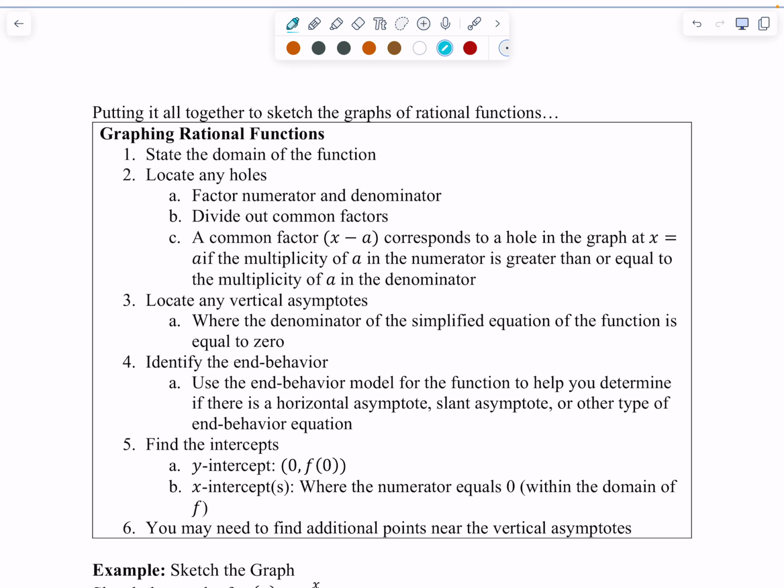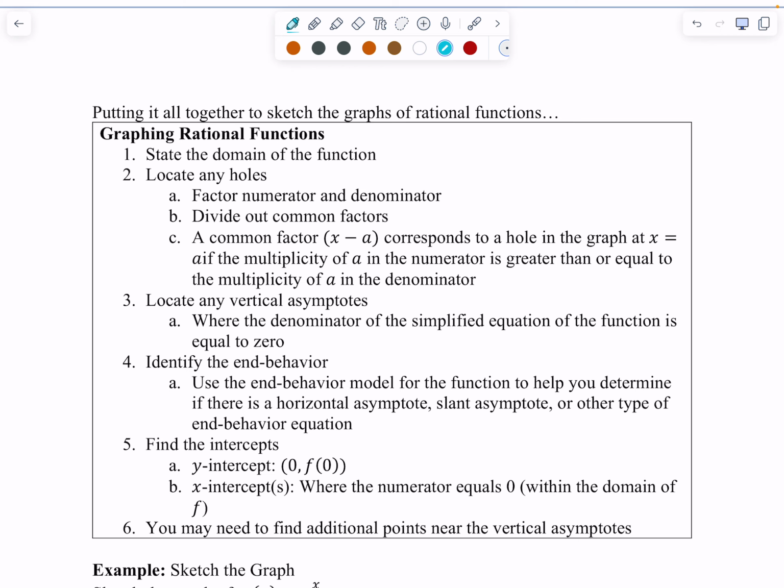So for rational functions, identifying the domain, so usually factoring the numerator and denominator if possible, locating any holes, so like identifying the types of discontinuity, removable and non-removable, right? So identifying any holes, if there are any. Identifying vertical asymptotes, if any.